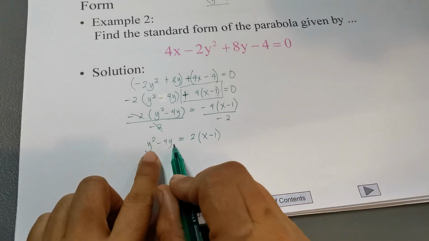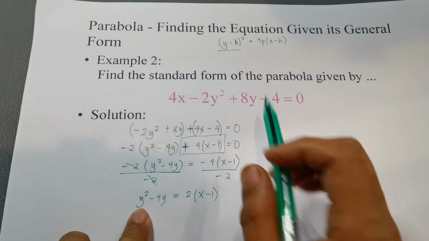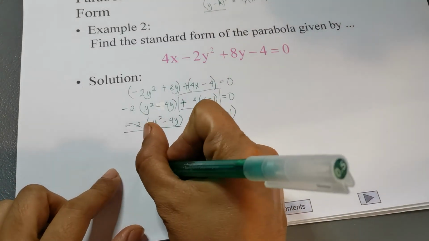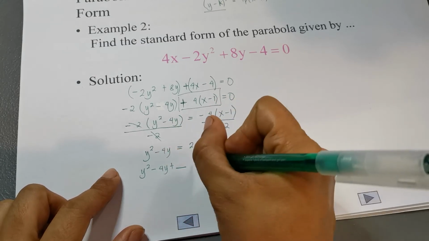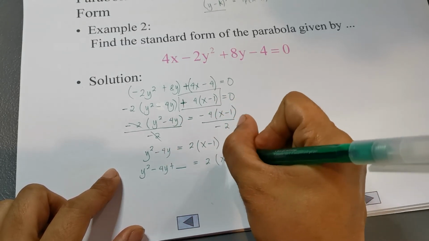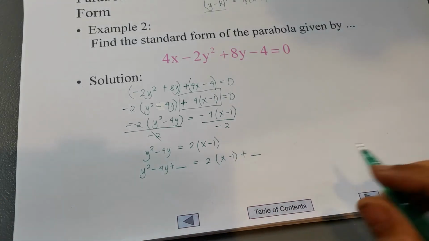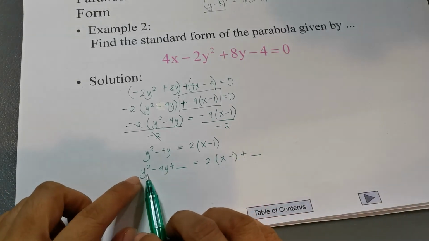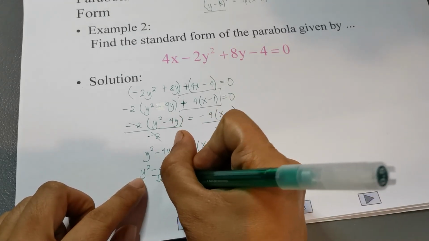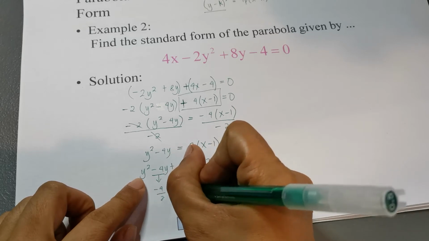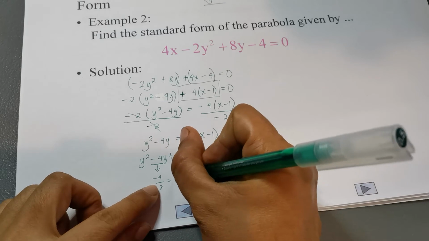And so this should become a square of a binomial. How are we going to do that again? We have y squared minus 4y plus blank equals 2 times x minus 1 plus blank. We take negative 4 divided by 2, and I hope you remember this, so we have negative 2.